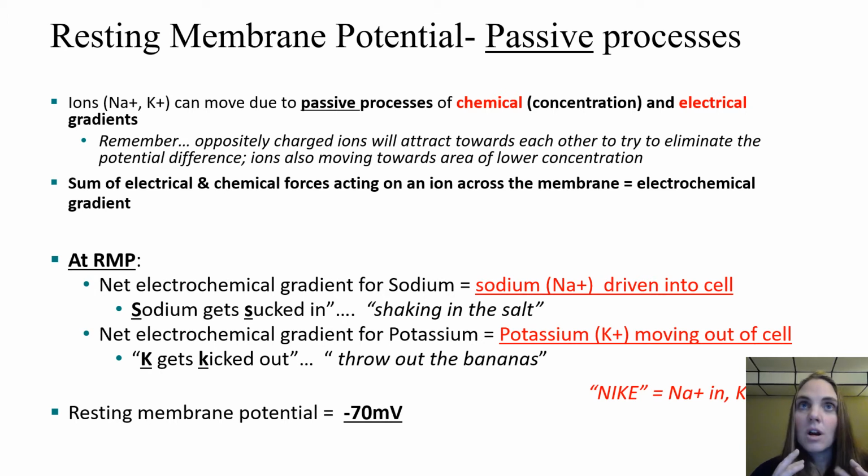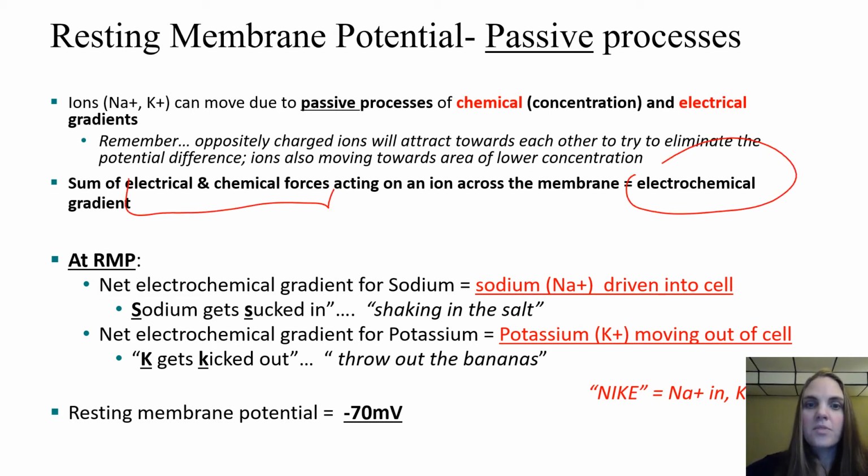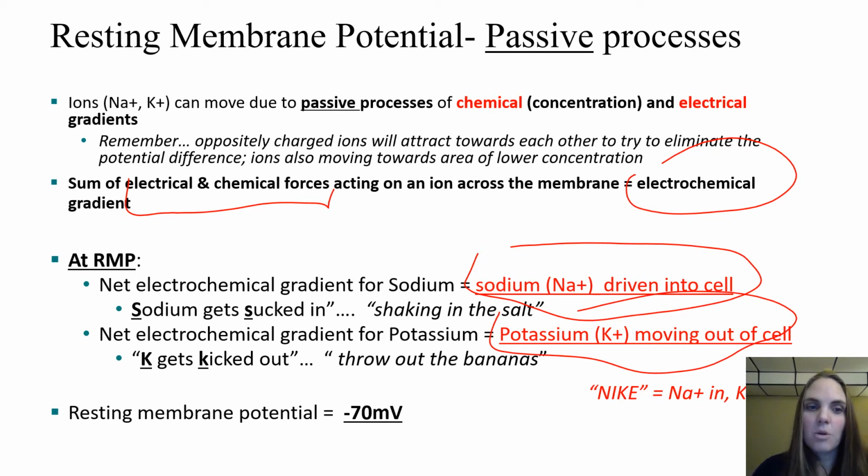If you are more interested in the details of this process, your book does go into it, but it's not something that you need to know, and it takes a lot of time to explain. The main idea is that we add those electrical and chemical forces together to get the electrochemical gradient, and sodium's electrochemical gradient is driving it in, while potassium is moving out.